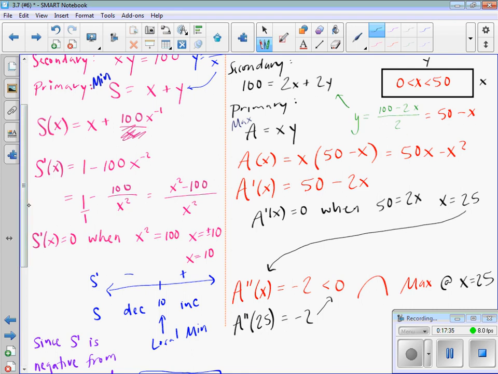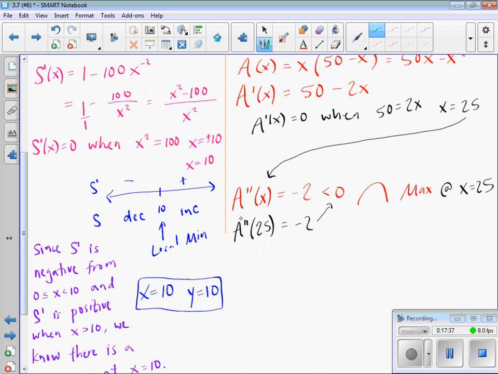Y is 50 minus x, so what is my y? 25, right? So x is 25, so your y is 25. So your dimensions would be 25, I think it's in meters. Yep. By 25 meters. So when it's a square, you'd have your maximum.